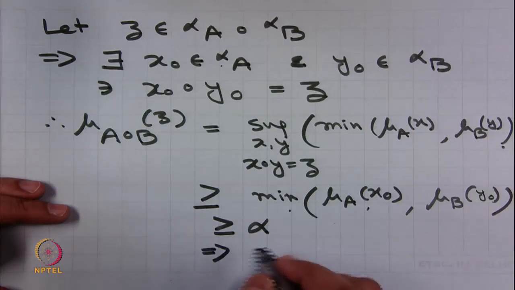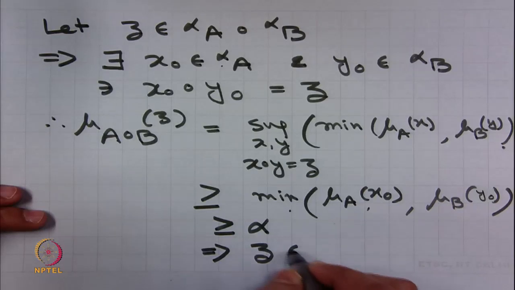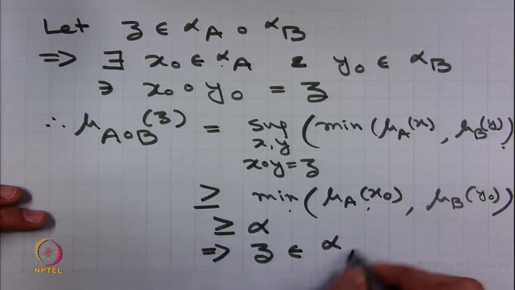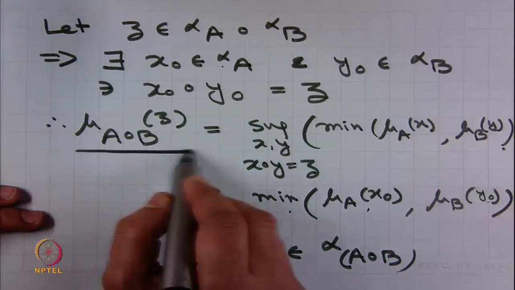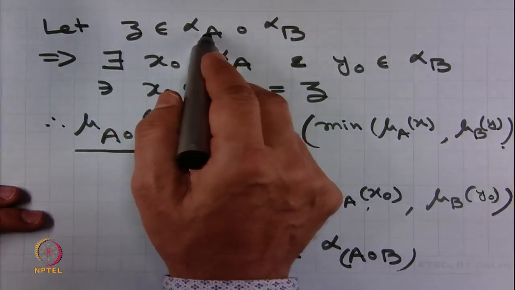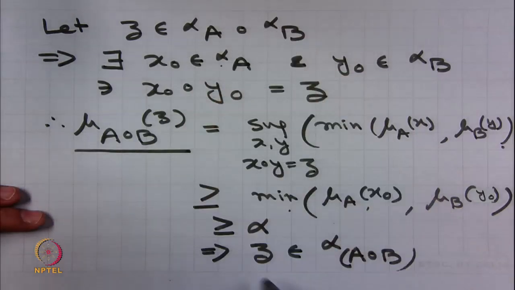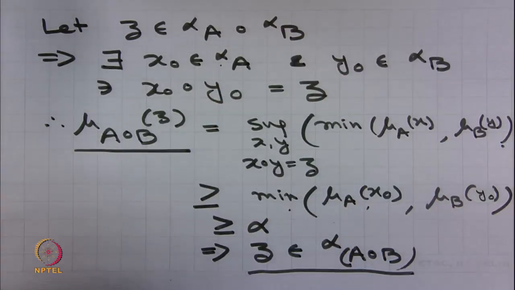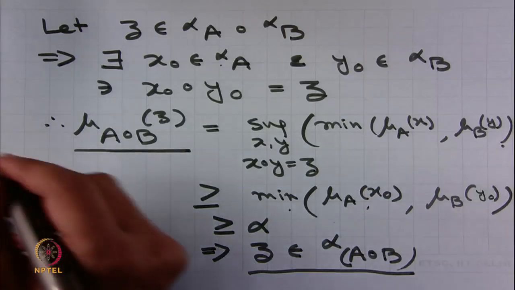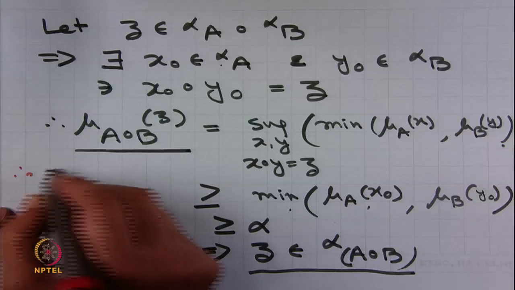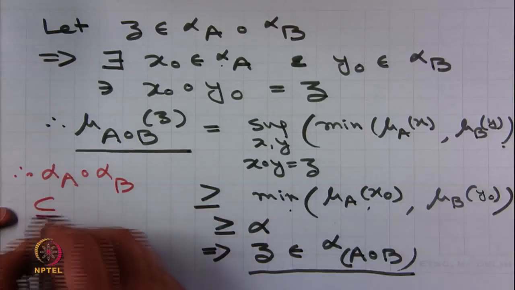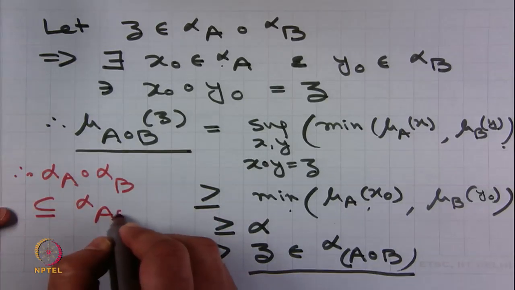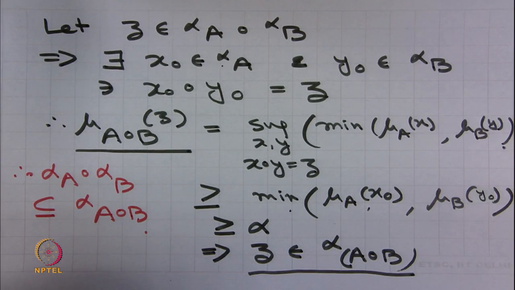Which implies that z belongs to the alpha cut of A * B. Therefore, we started with a z which belongs to the alpha cut of A * the alpha cut of B, and we find that z belongs to the alpha cut of A * B. Therefore, we say that the alpha cut of A * the alpha cut of B is contained in the alpha cut of A * B. So, this is one way of the proof.